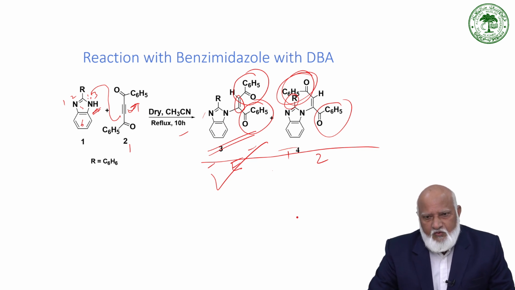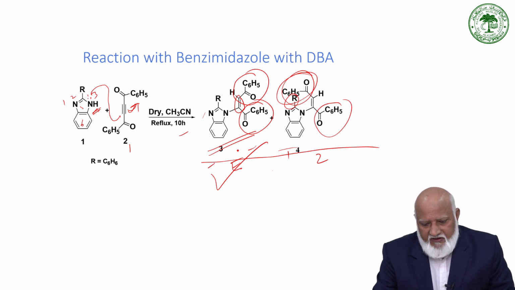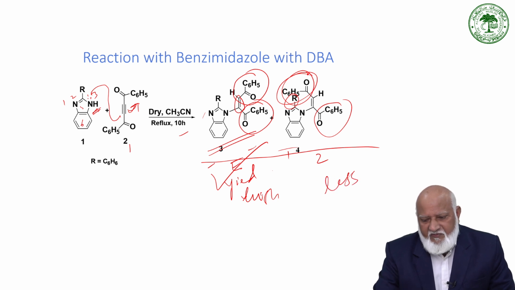It gives a mixture of two products, the E and Z isomers, and the yield of this isomer is higher, whereas this one is found in lesser amount because of the steric hindrance between the R substituent as well as the benzoyl group.